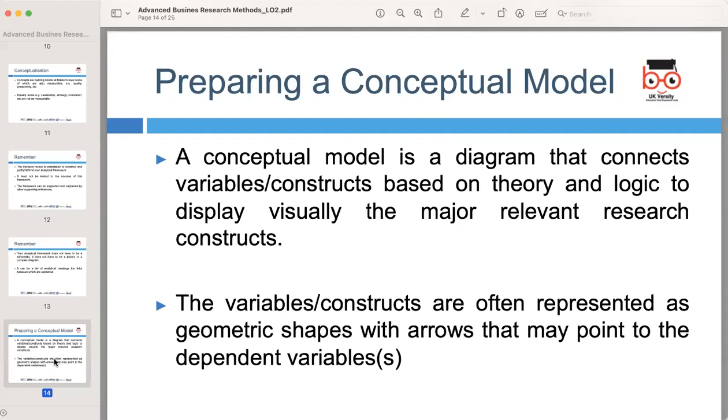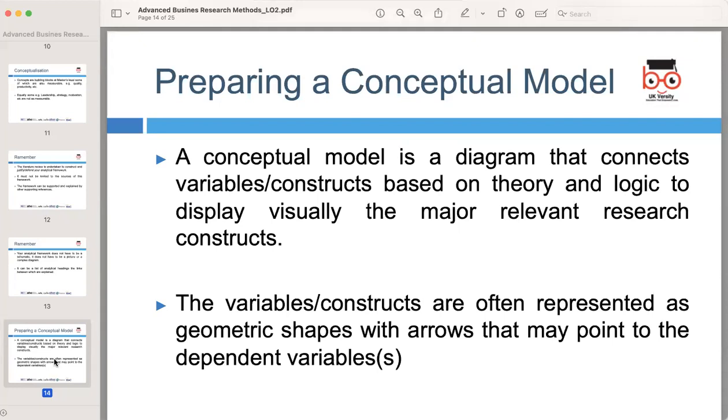To begin, variables or constructs are the key elements or concepts we want to study in our research. They could be anything from psychological traits, social factors, technological variables, or any other important elements related to our research topic.